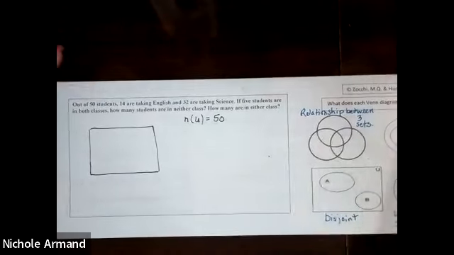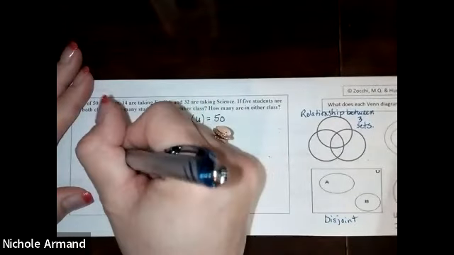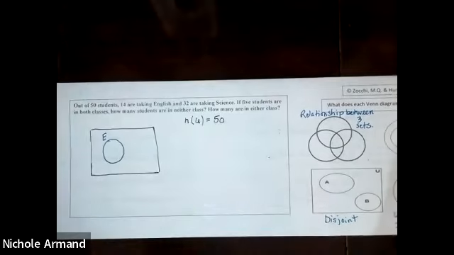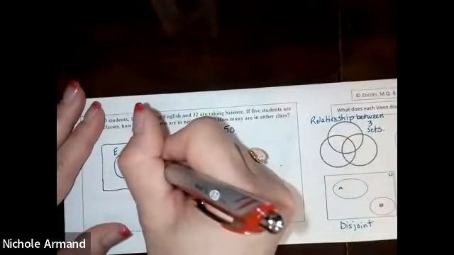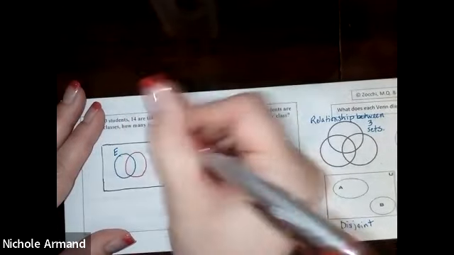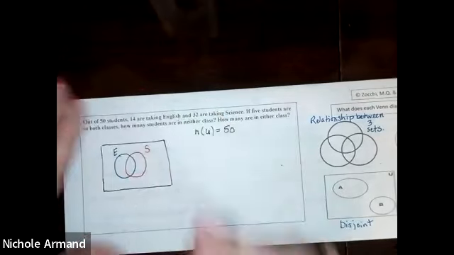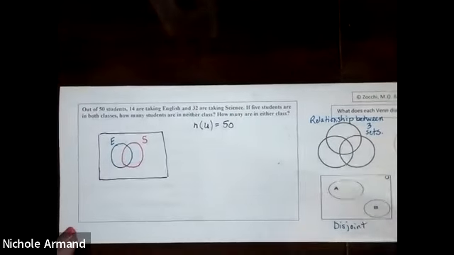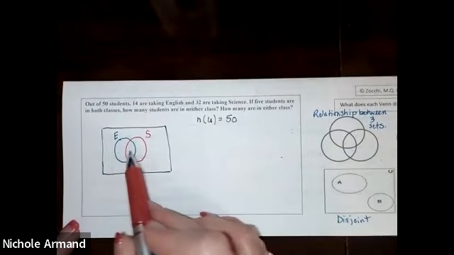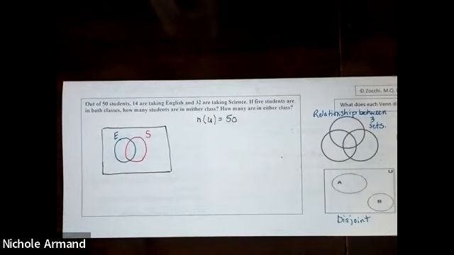So let's take a circle here and label it E for English. And then let's take another set and label it S for science. And then let's talk about how many are in each of the areas of these sets.